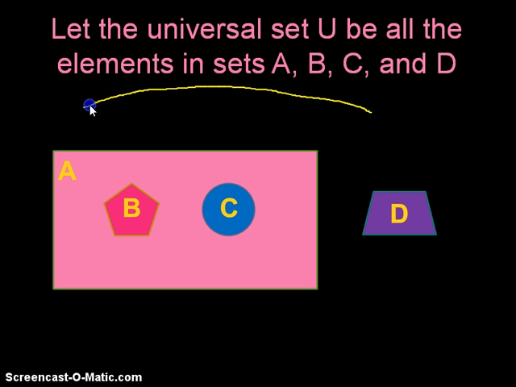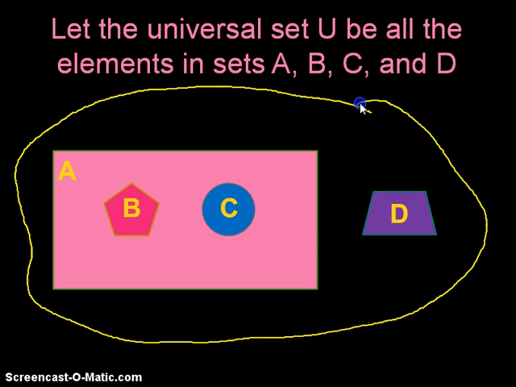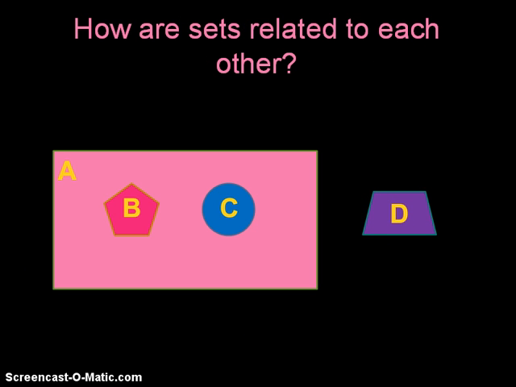The whole of this is our universal set because it contains the sets A, B, C, and D. How are the sets related to each other? Can you give the relationship of sets B to A, C to A, and D to all these three sets?